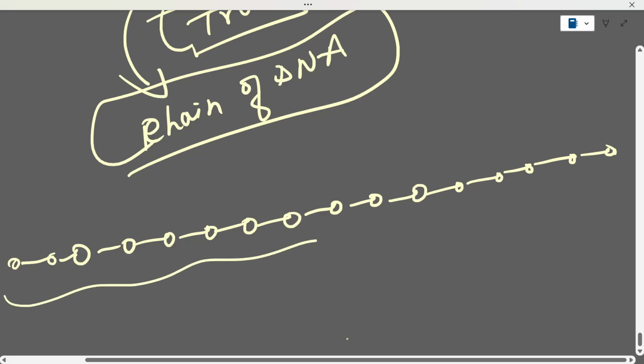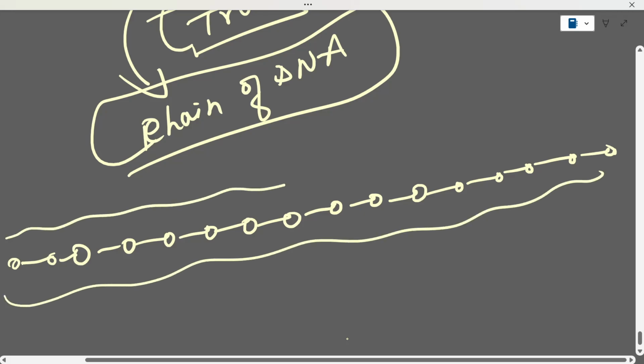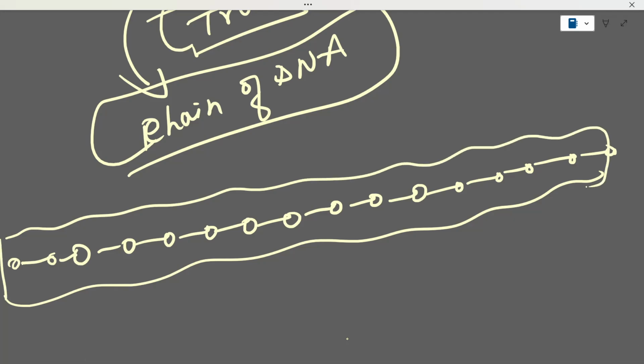is very long, without any variations, just ATCG. Then on the other side it will be replaced by TA and GC, and this repetition will go on.